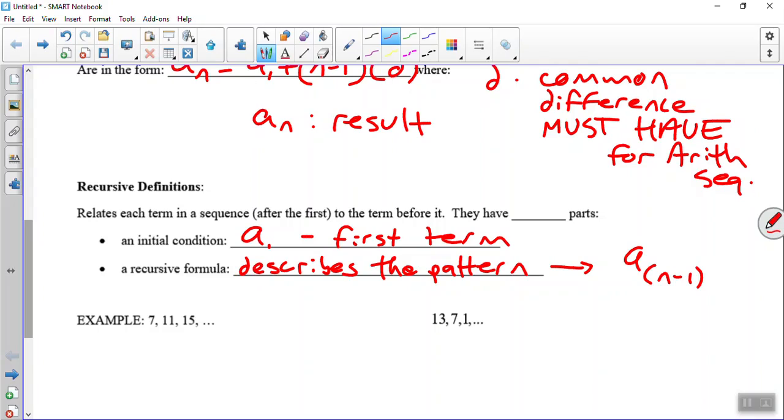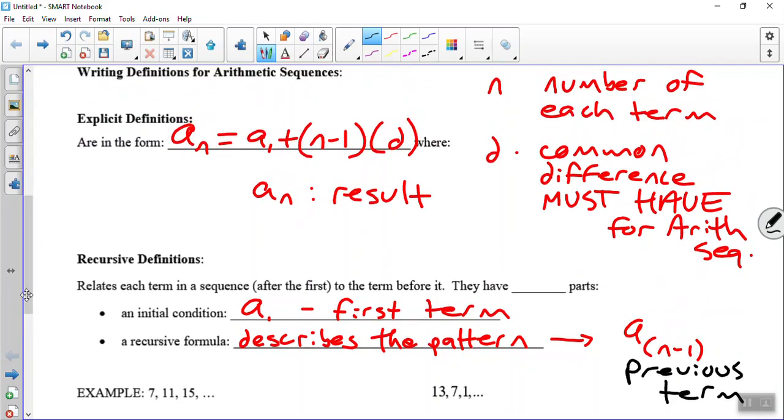If the current term is A sub n, the previous term is A sub n minus 1. So for any recursive formula, you'll have one term and some kind of pattern to get to the next term. For explicit, you're plugging in the value for n and getting a value for A sub n.